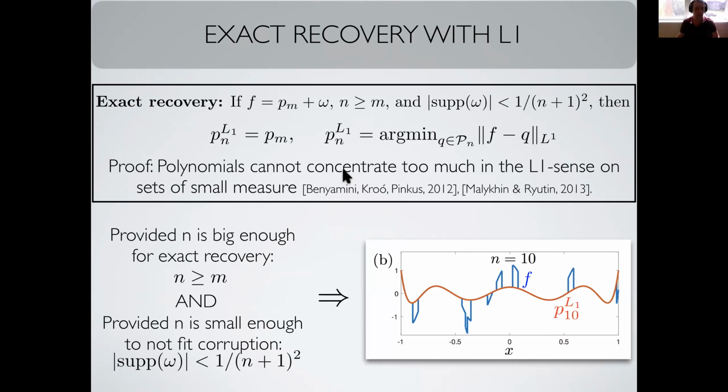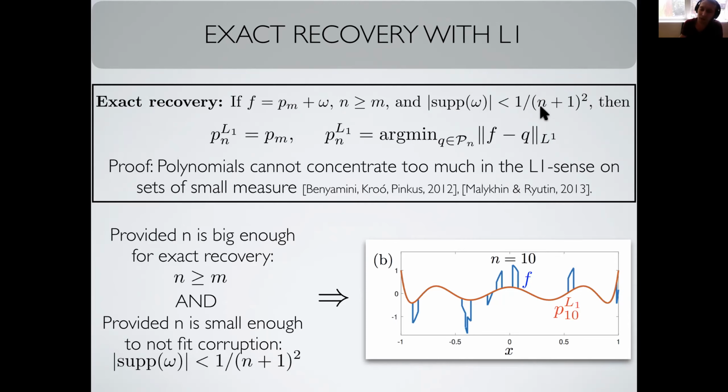Okay, so here's what you can show in the L1 situation. I'm going to show it's not brittle, and that means we're going to be able to take this m to infinity. So we get an exact recovery in a certain situation. If you have f plus a polynomial of degree m with some corruption, and that corruption happens on a very small interval of size O of 1 over n squared.